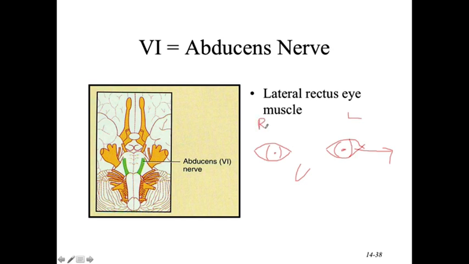Because in anatomical position, they're looking at us. So if they look this way, I'm testing the lateral rectus muscle. With this eye, once again, if I have them look in this way, I'm testing the integrity of the medial rectus muscle. If I have them look up and out, following my finger in this direction, then I'm checking the superior rectus. And if I have them look down and out with this eye, then I'm checking the inferior rectus.